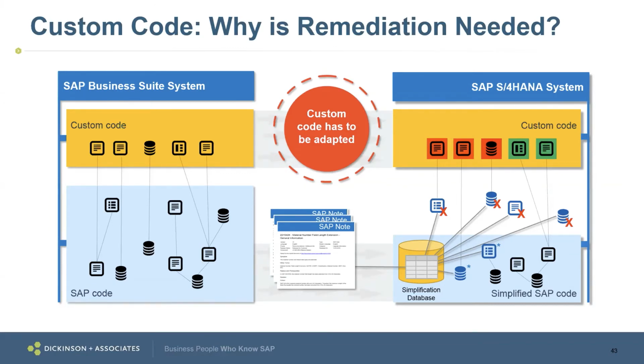There are tools that SAP provides to do this, but ultimately you're doing a comparison against the simplification database, and there may be various OSS notes that can help guide you through the corrections that need to occur. The tool set itself is quite valuable in looking at the objects that need to change, and can even assist in making some of the corrections.